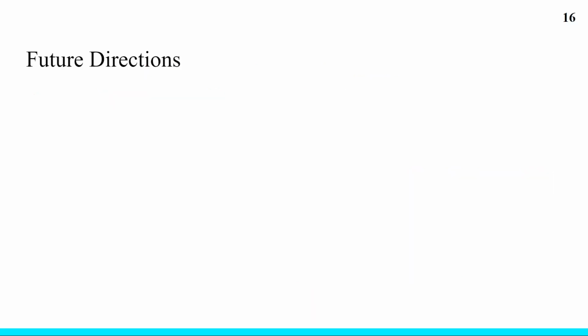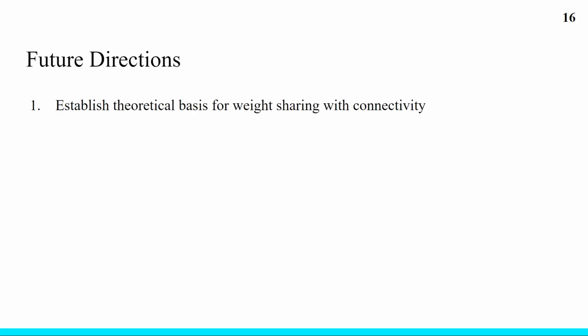These give a promising first look at a comparison of connectivity and network behavior for similar and dissimilar tasks. But going forward, it's going to be important to establish some proofs and complete those for justifying weight sharing based on these connectivity values.